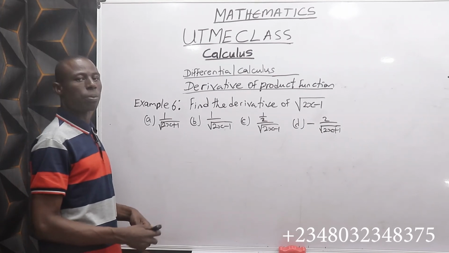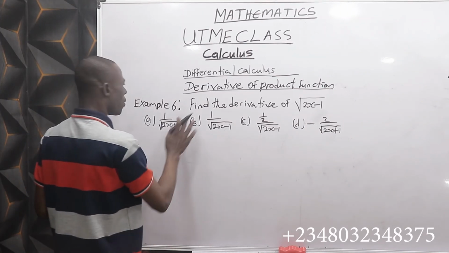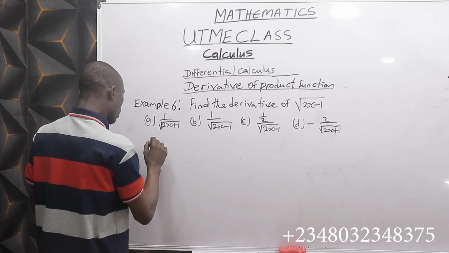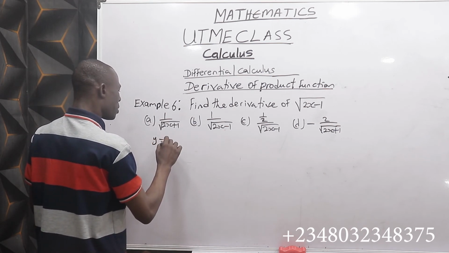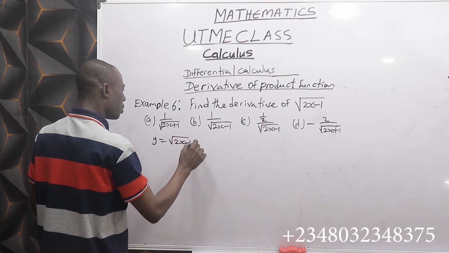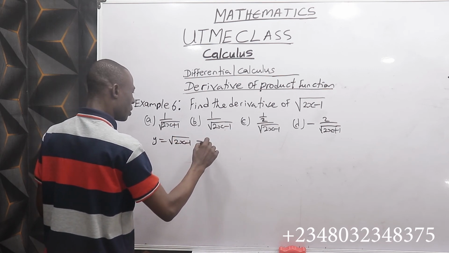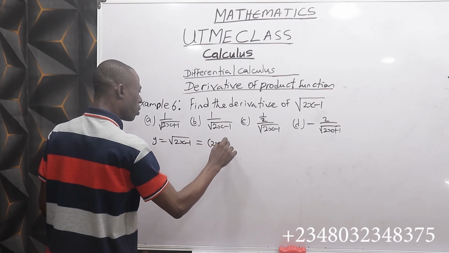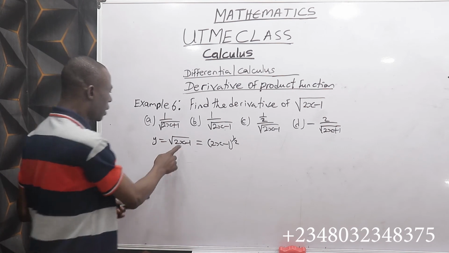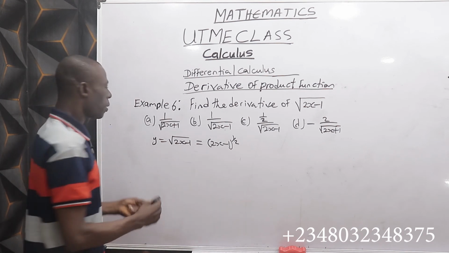Let's consider example 6. Find the derivative of square root of 2x minus 1. Square root of 2x minus 1 could be interpreted as 2x minus 1 all raised to power half. This and this are the same.